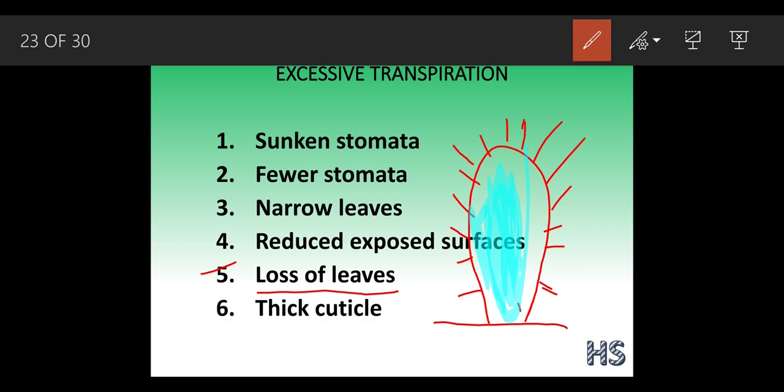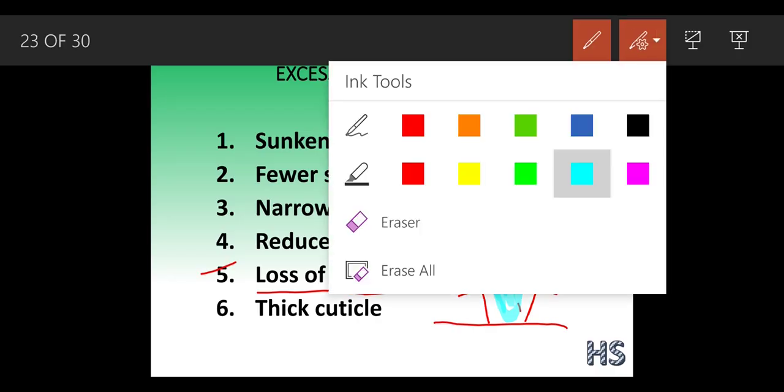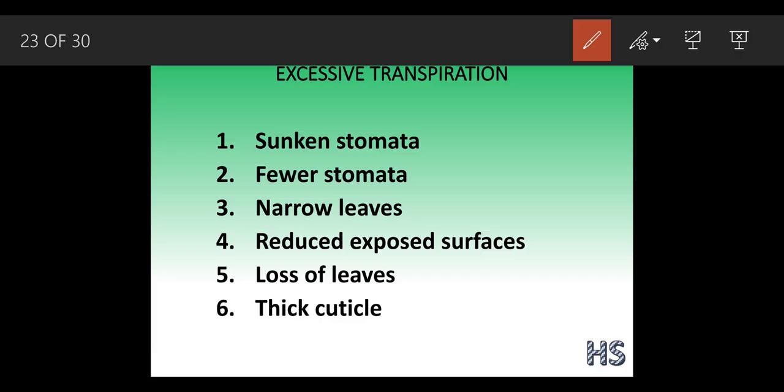Thick cuticle, in mostly the evergreen plants or trees. Example, banyan. This upper surface, which we call a cuticle, is very thick in nature.